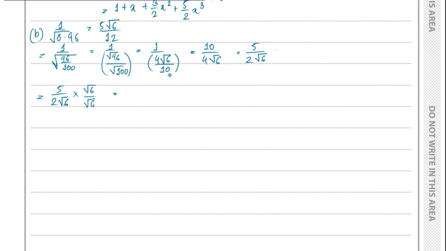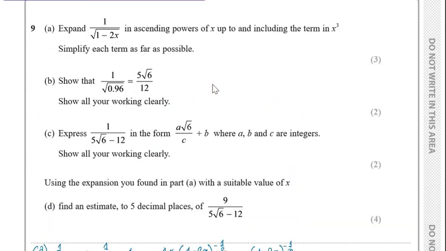So this will turn out to be 5 multiplied by root 6 is 5 root 6, and 2 root 6 multiplied by root 6 would be 2 multiplied by 6, because root 6 multiplied by root 6 is just 6. So this would be 5 root 6 divided by 12. So this is what they asked for in part B.